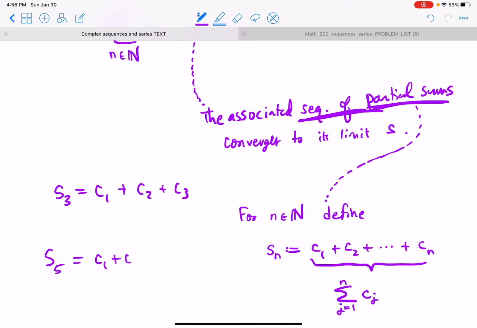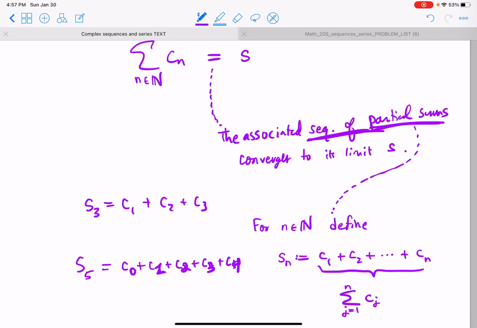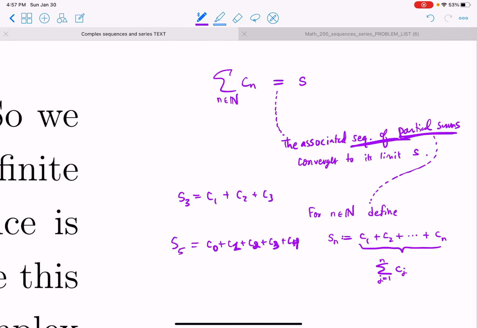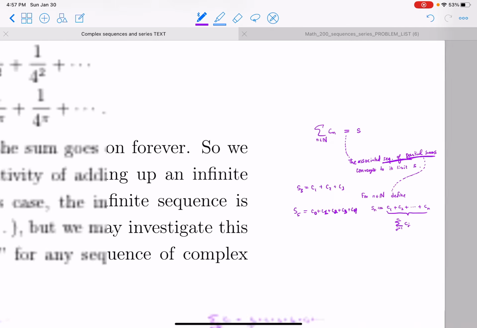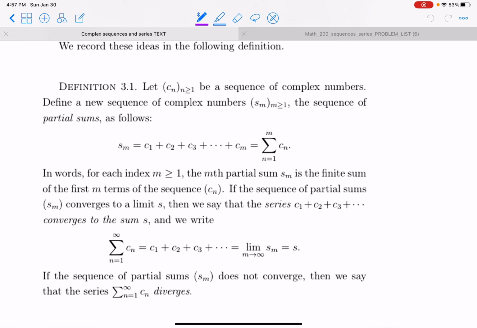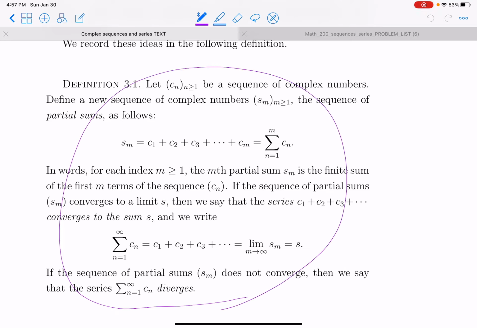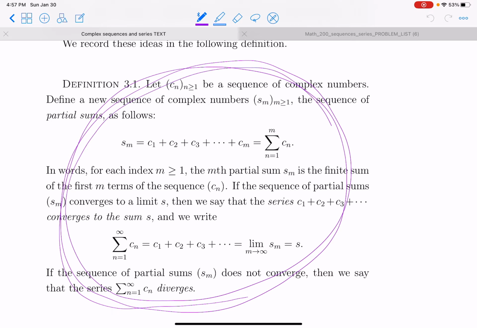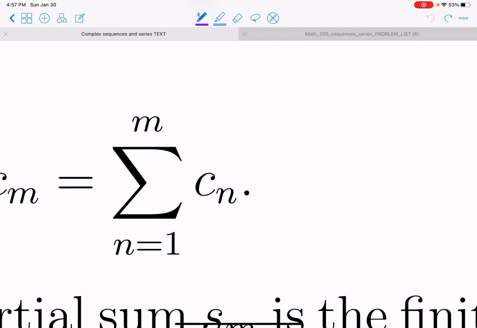It's the sum of the first 5 terms. And yes, if you start with 0, then everything has to be off. But this doesn't really matter. What matters is that you know what the sequence of partial sums means. Okay, just quiz yourself on that. It's somewhere in here. Definition, all this kind of stuff. Quiz yourself.